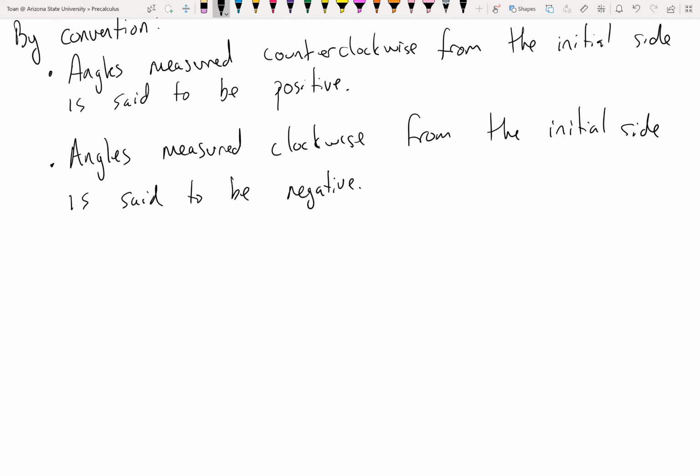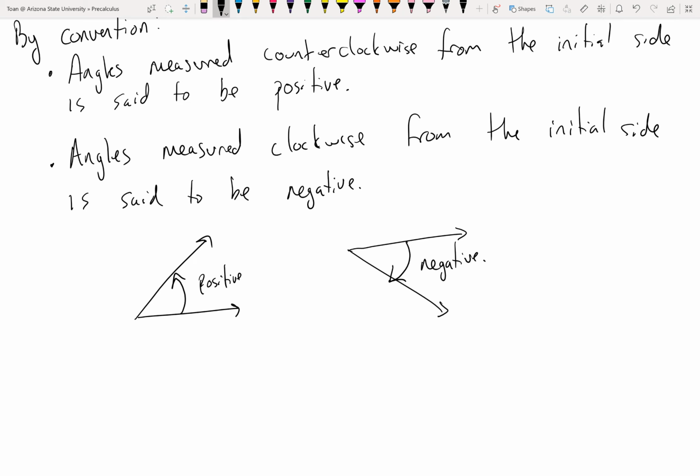So the two random pictures that I drew before, if you had something like this, I would consider this positive angles. And if I had something below the x-axis, say here, went this way, see how it's clockwise, I would consider this negative.